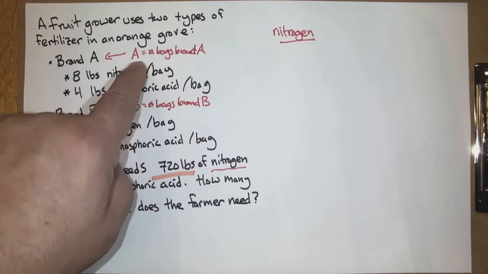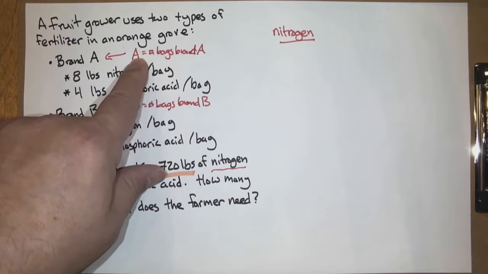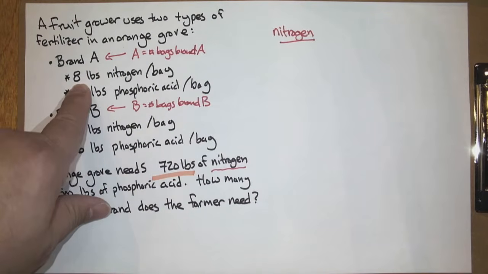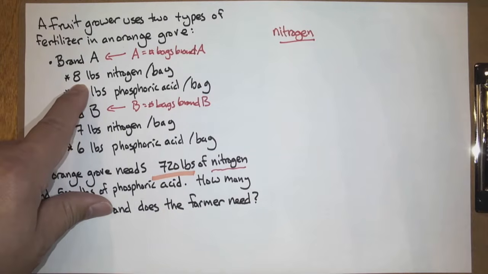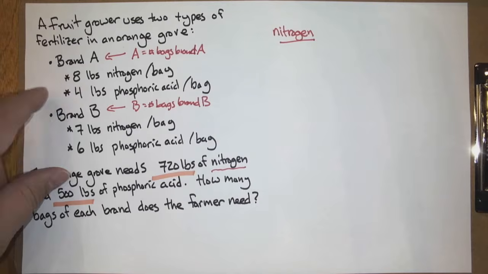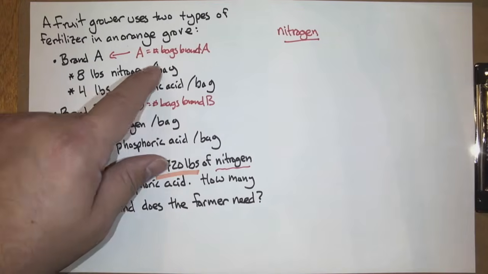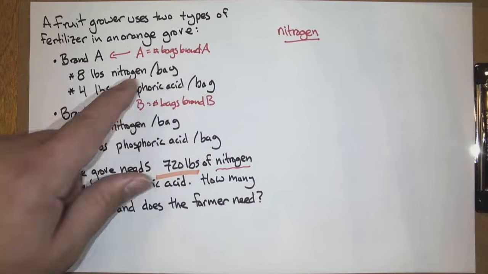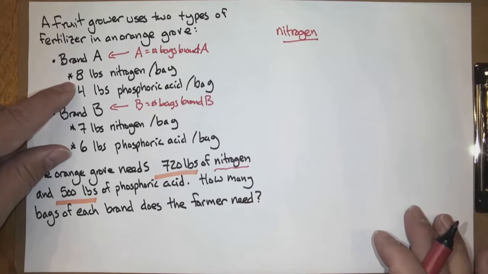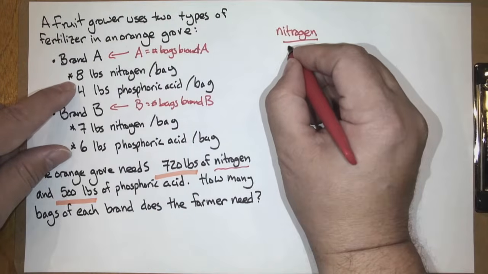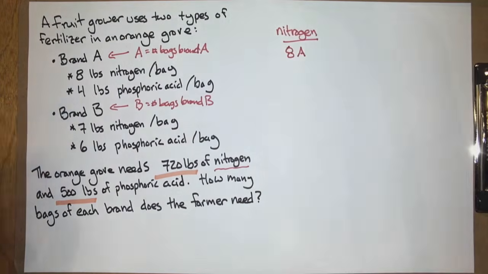If we buy A bags of brand A, there's 8 pounds of nitrogen per bag. Altogether, how much nitrogen are we getting from our purchases from brand A? A bags, 8 pounds per bag. We get 8A. Similar question for the other brand.